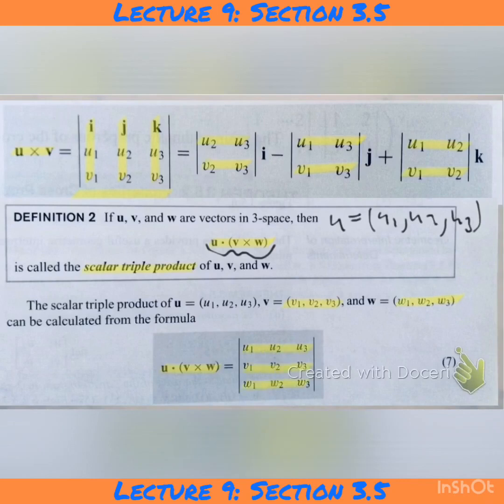Now we know how to work out the determinant of that 3x3 matrix. You can do that as an exercise, and you can easily verify that the scalar triple product is in fact the determinant of that matrix. In just a moment, we're going to look at an application for the scalar triple product.